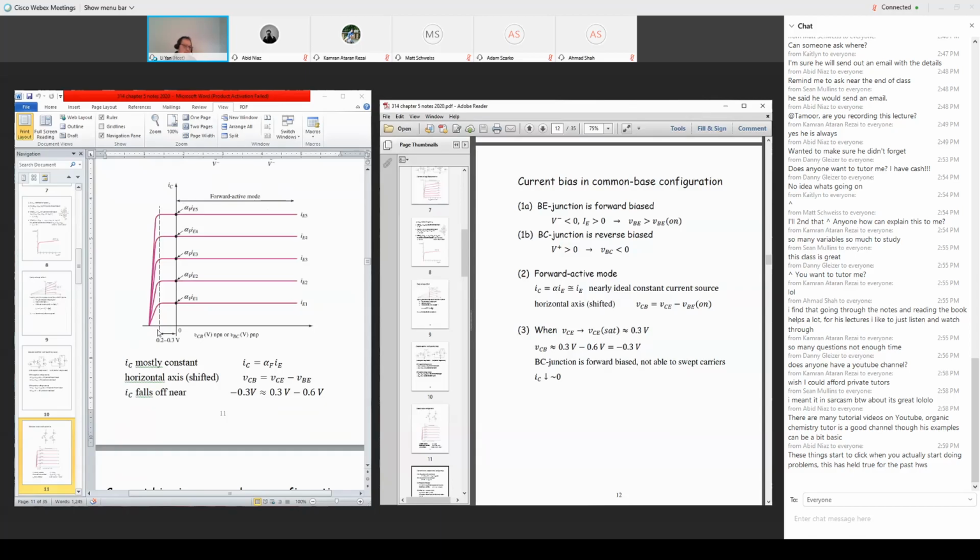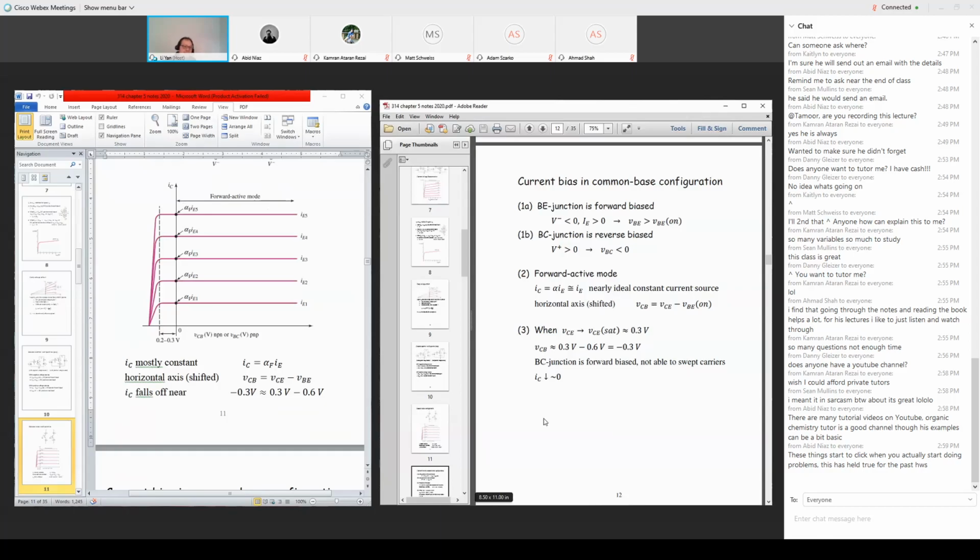Under this condition, the base-collector junction becomes forward biased. However, when it's forward biased, we don't have a strong electric field to sweep the carriers into the collector. So the collector current will drop to 0 as well.